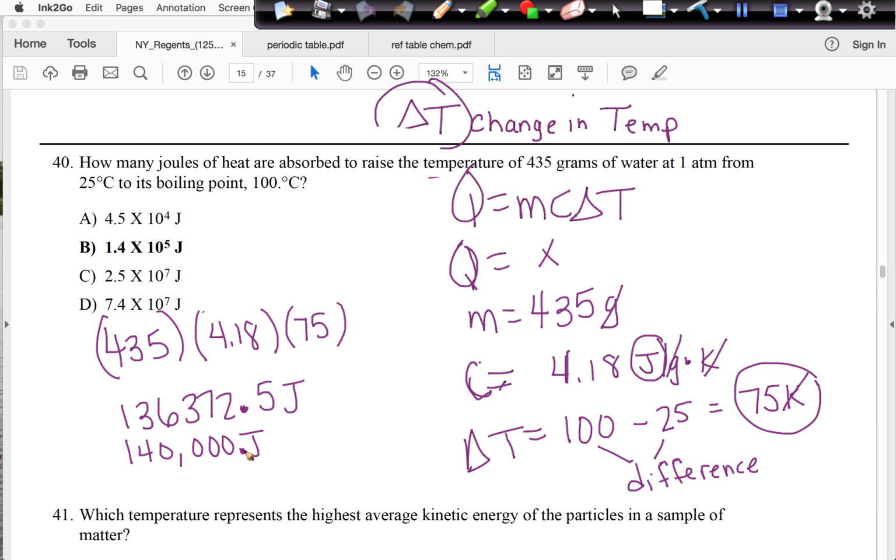I'm sorry, we don't need to go from joules to kilojoules. To go from regular notation with a floating decimal to scientific notation, we count the number of decimal places. 1, 2, 3, 4, 5 places to get one digit in front of the decimal. That's why it is 10 to the 5th.